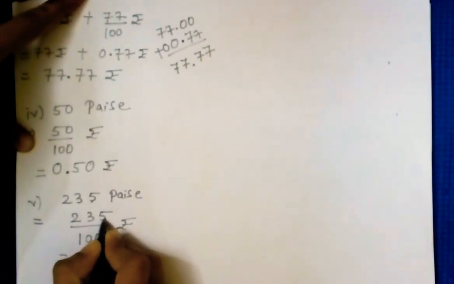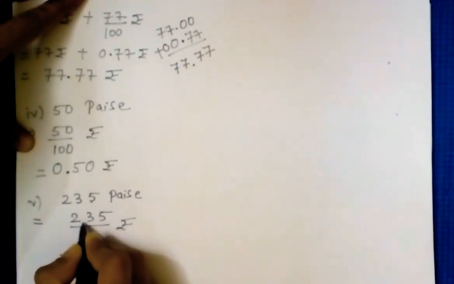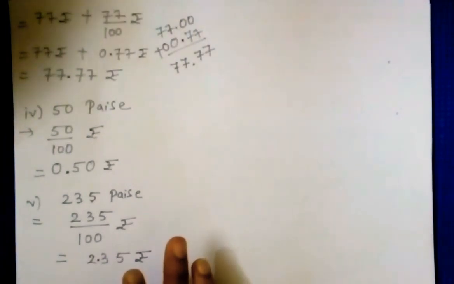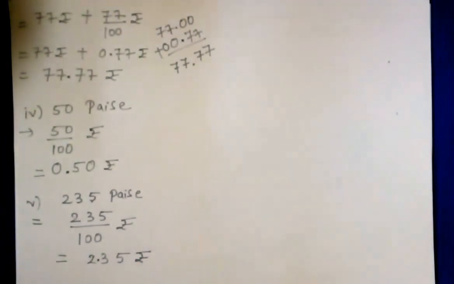This is 1 digit, this is the second digit, and here we will keep the decimal point. So it is 2.35 rupees. This is the fifth answer. Hope you understood question 1 and question 2 of exercise 2.5.